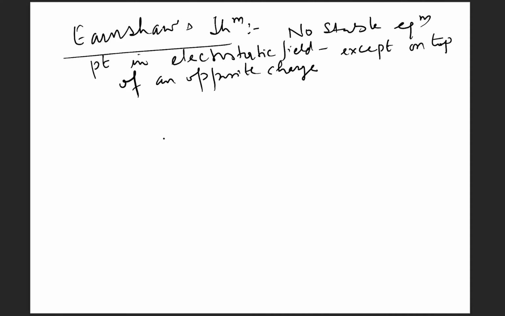How? So what is the meaning of a stable equilibrium point? A stable equilibrium point means that the force is 0 at that point, and if there is a small movement then a force will appear which will be trying to again pull that point back to this stable equilibrium point. Okay, so what does it mean? Let us say this is a field created by some electrostatic charges.